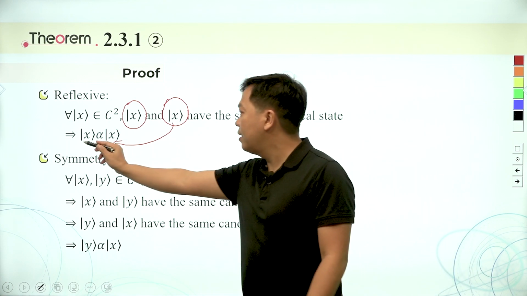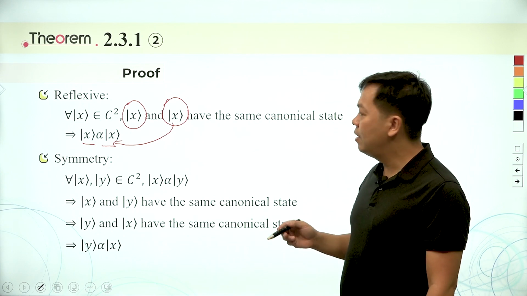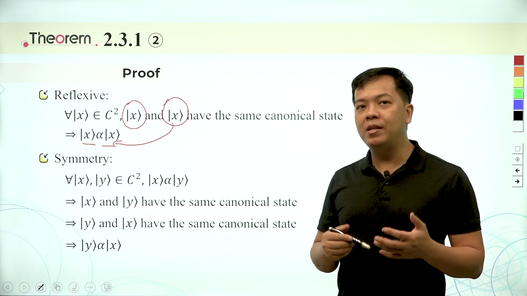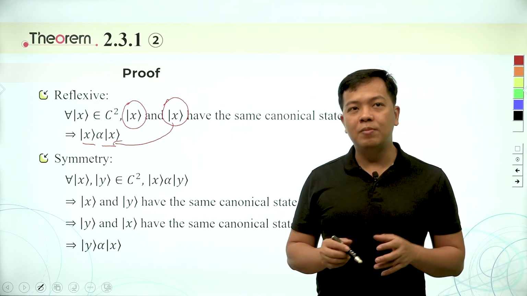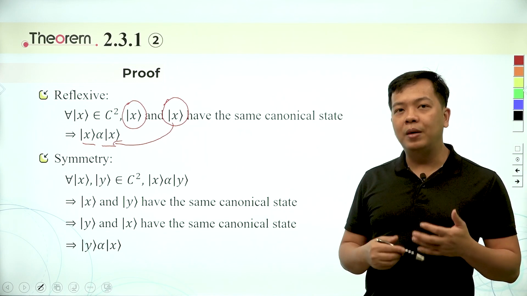If you see x, it has the same canonical state as itself. This is very important to maintain the integrity of the quantum state, so you cannot transform it by yourself.